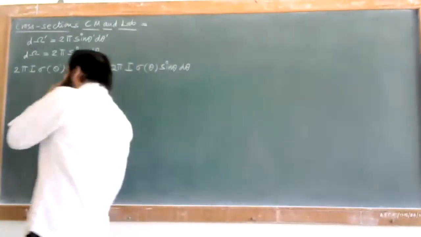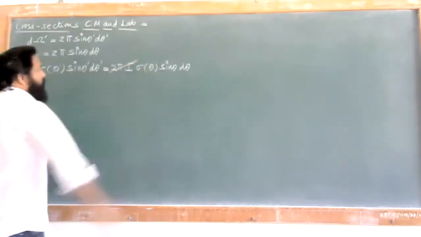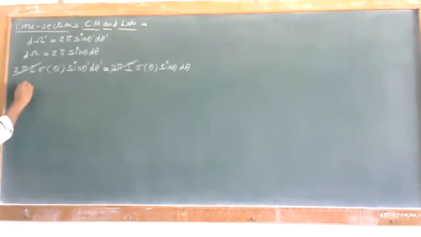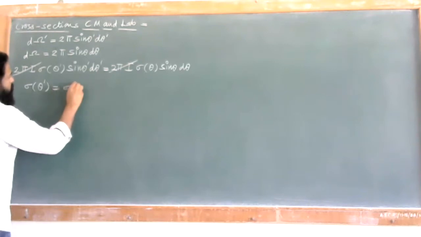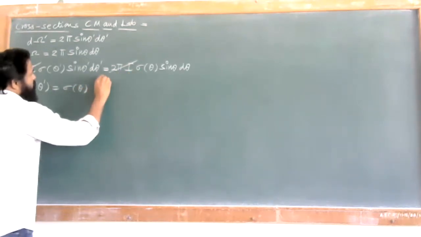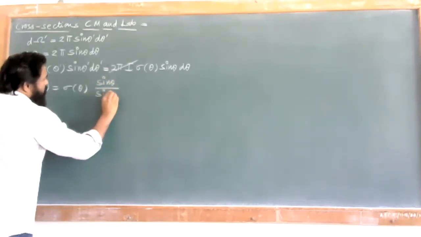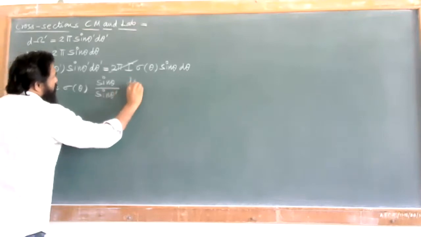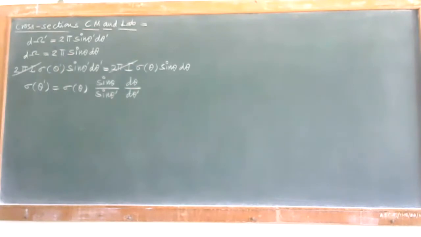So we will see that these terms get cancelled out, and we have the condition that sigma theta dash must be equal to sigma theta multiplied by sine of theta divided by sine of theta dash multiplied by d theta by d theta dash.